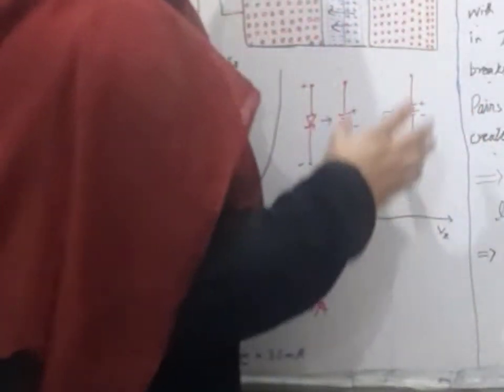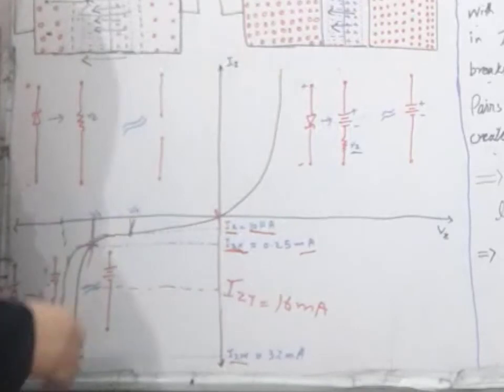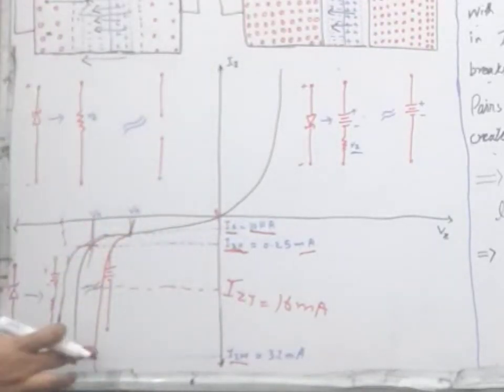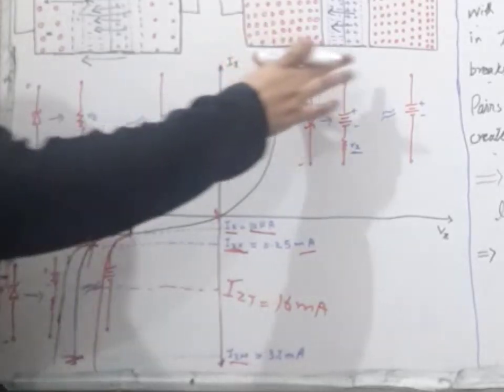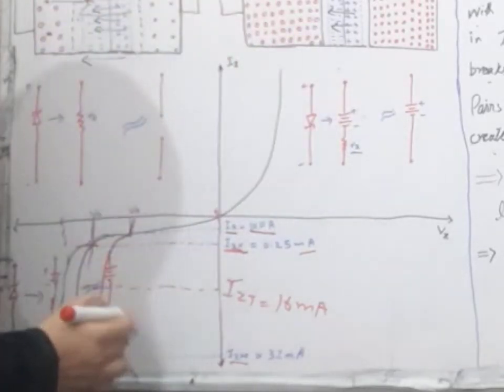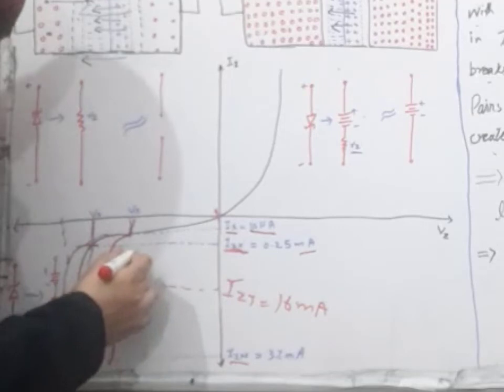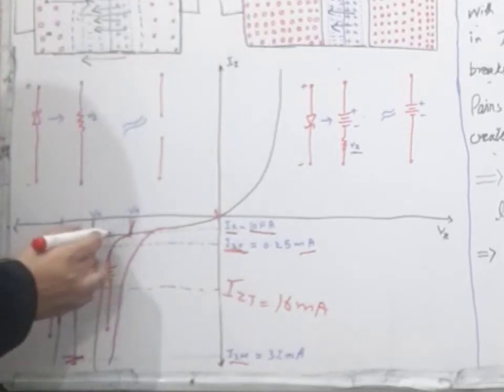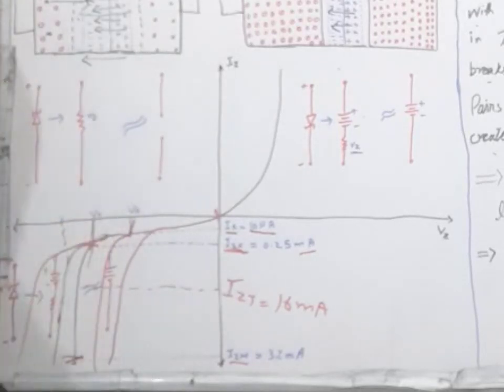Breakdown voltage is set by controlling the doping level. If we increase the doping level, our breakdown will occur earlier. Our breakdown will be here, and if we increase the doping level more, then the breakdown occurs at this point, and if we decrease the doping level, our breakdown will be at this point.